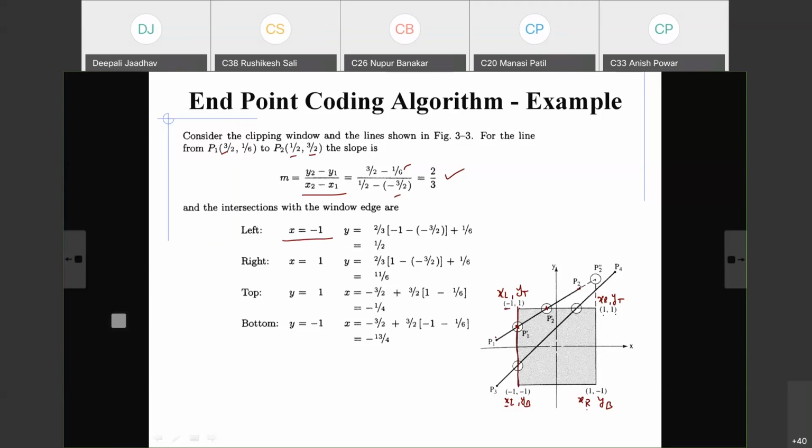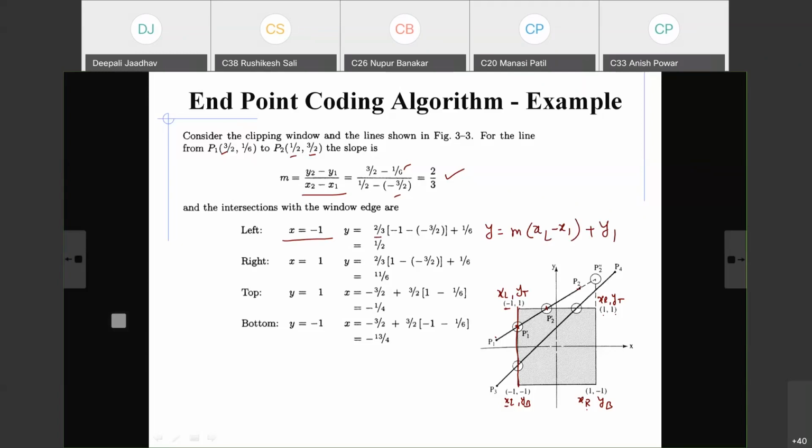And what is the value of y? We calculate it with the equation we have seen previously. So the equation, I am going to write here: y is equal to m times xl minus x1 plus y1. What is m? 2 by 3 we have calculated.